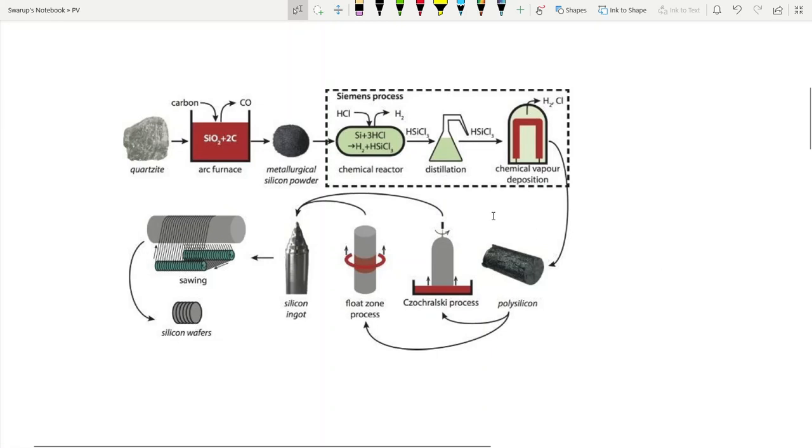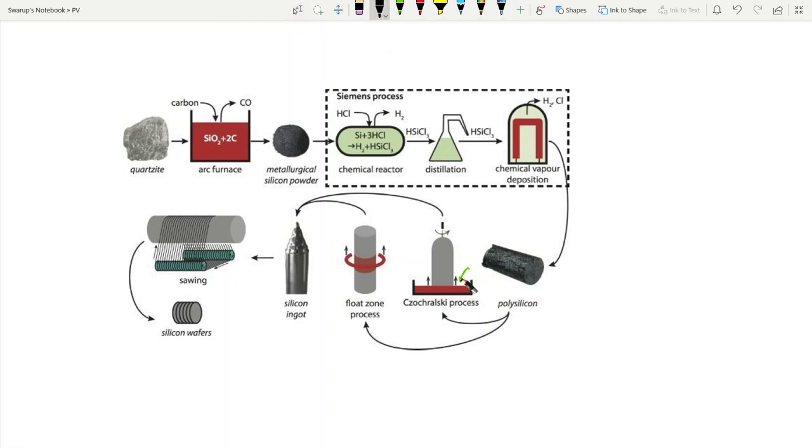And I'll share a few nice videos to look at this process so that you can visualize the different steps. Okay, so we have the silicon wafer first. Now, when you make these wafers particularly for solar cell application, while growing, let's say here we are using the Czochralski technique, we are growing the single crystal here, right?